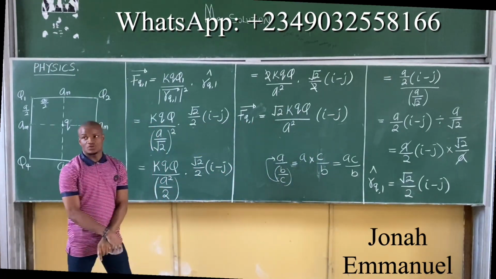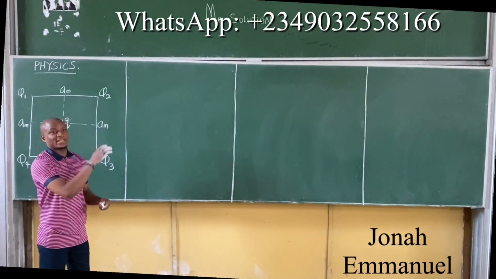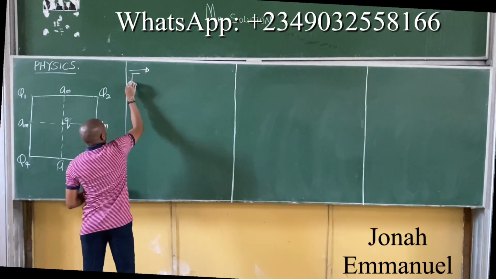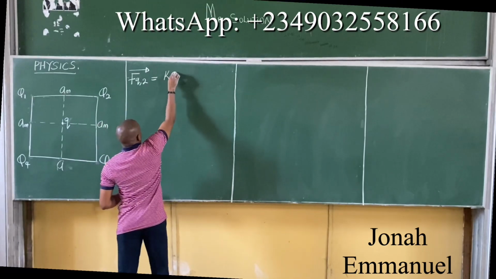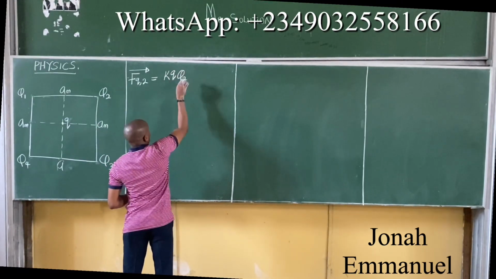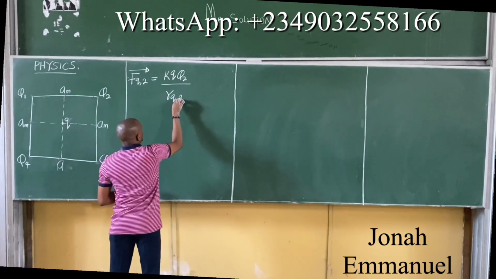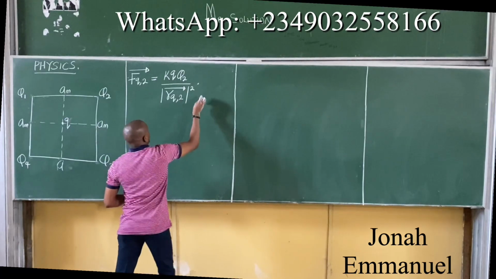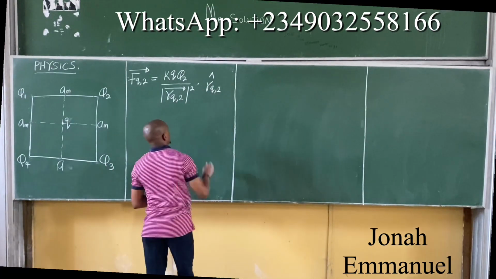Let's get fq2. So we've gotten fq1. Let's get fq2. So we have that fq2 is equal to k q2 all over rq2, this all squared, dot unit vector of rq2.